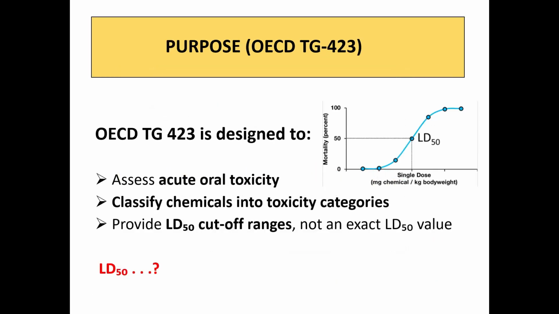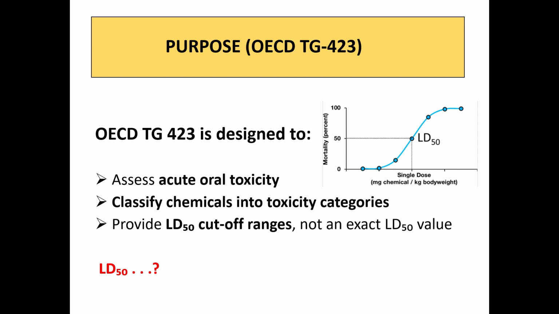So what is the purpose of OECD 423? OECD 423 is designed to assess acute oral toxicity. It is used to check whether a chemical or a pesticide is toxic or not.